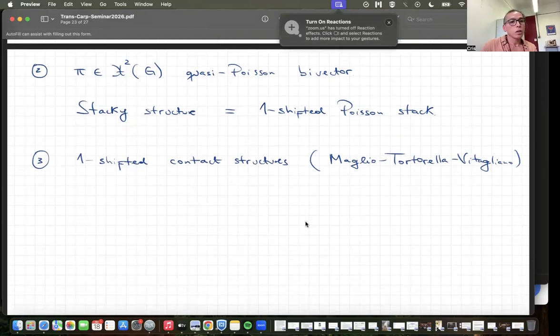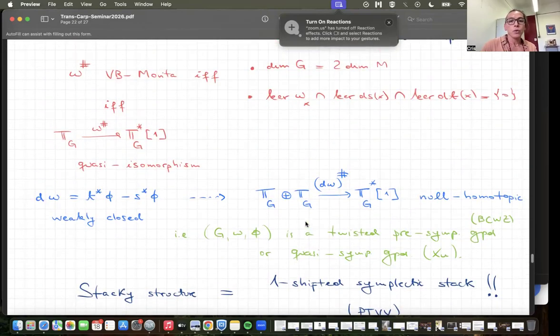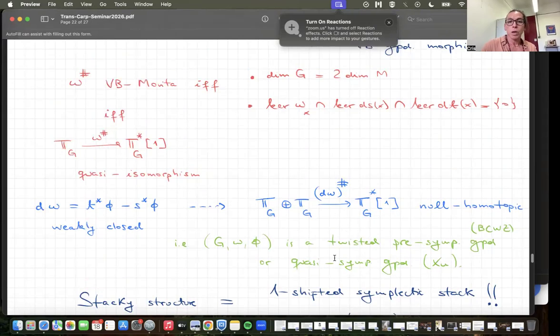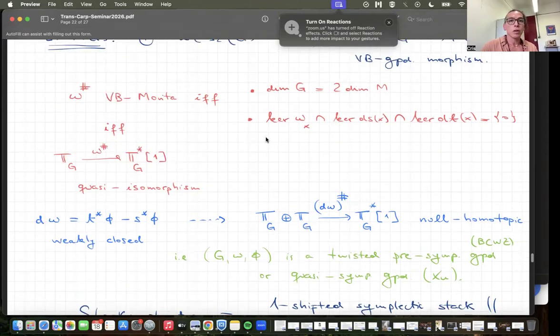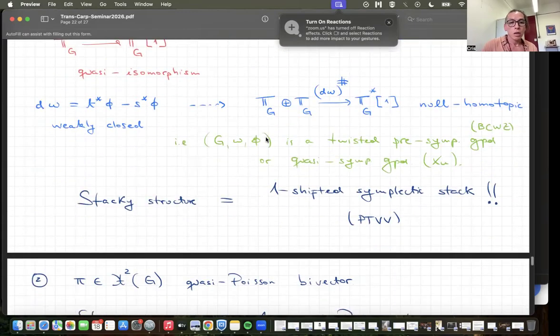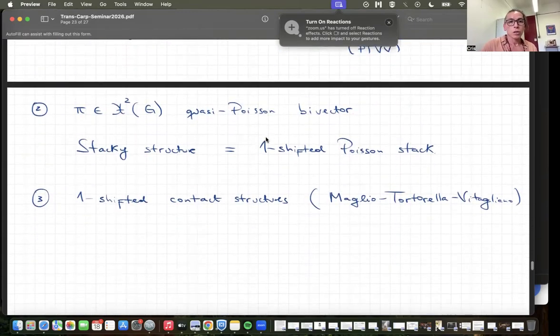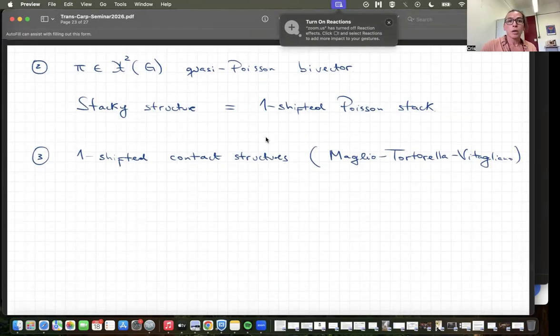So after this point of view of quasi-symplectic groupoids in terms of VB Morita equivalence, some colleagues started to understand other structures in terms of Morita equivalence of VB groupoids. For instance, there is this work by Antonio Maglio, Alfonso Tortorella, and Luca Vitagliano on one-shifted contact structures.